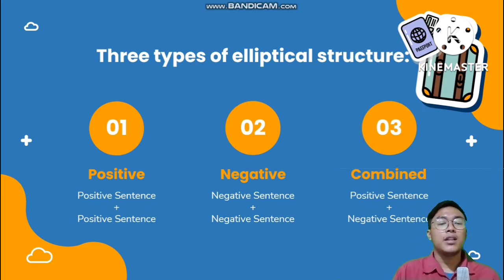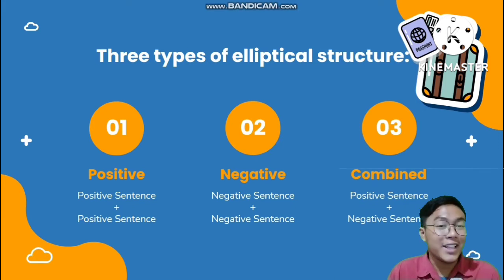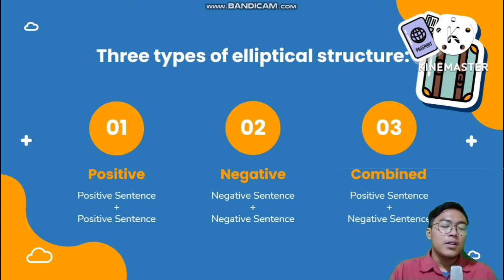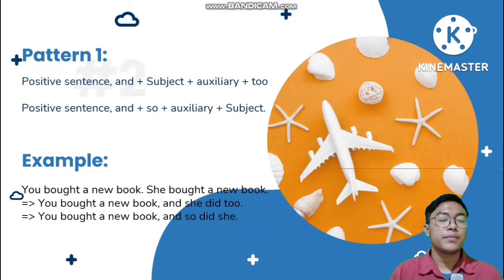The second is negative: negative sentences and negative sentences. And the last one is combined: positive sentences plus negative sentences. So we're going to share about that.